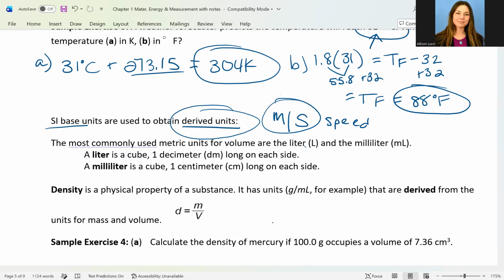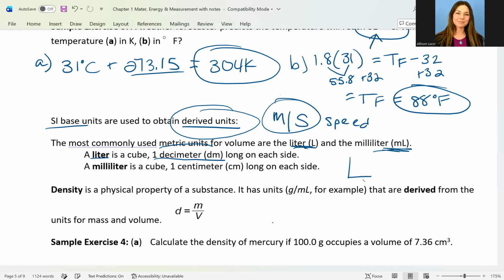The most commonly used metric units for volume are the liter and the milliliter. So we'll use these throughout the course, especially in some of the laboratory simulations. And we should know that a liter is a cube with 1 decimeter, abbreviated dm, long on each side.